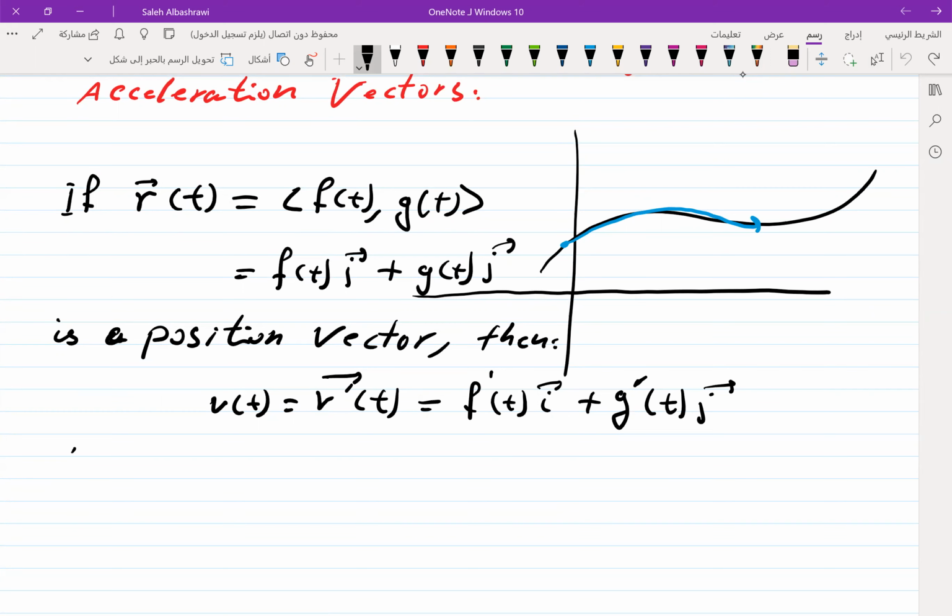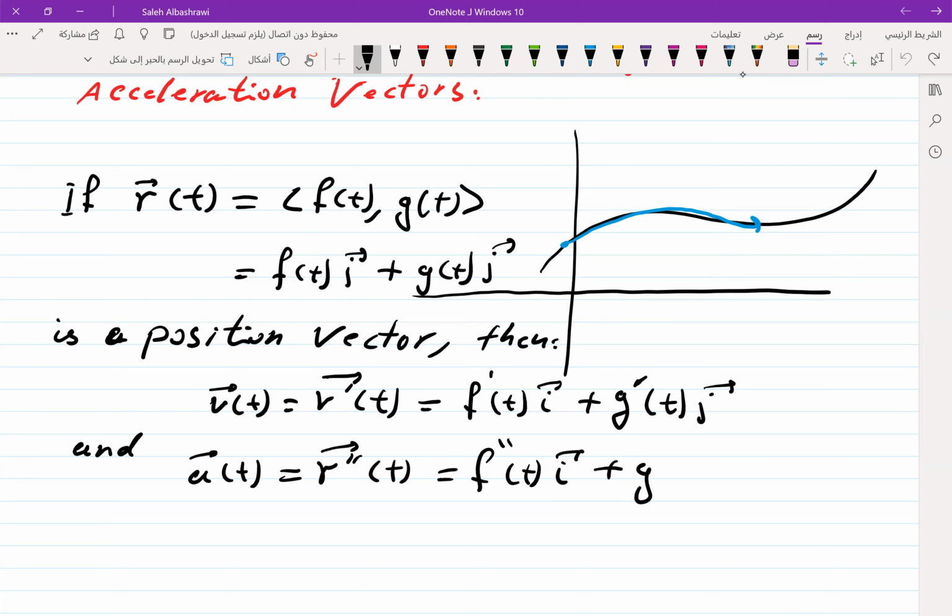And a of t, the acceleration vector, is equal to the second derivative of the position, which is the derivative of the velocity, and gives the acceleration of the particle.